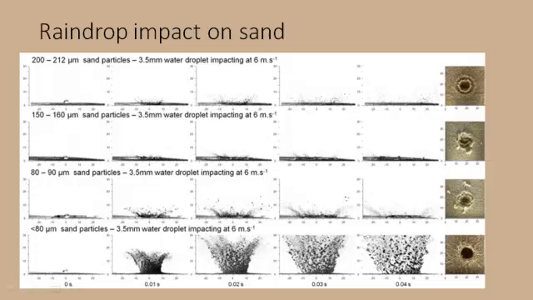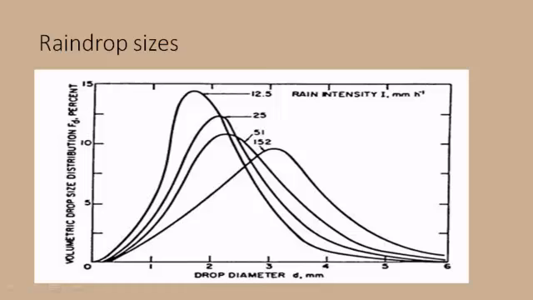Things also to remember, as the rainfall intensity increases from left to right, the raindrop size increases from less than 2 millimeters to 3, all the way up to 6 millimeters in size. Now, the effect of the raindrop on the sloping field is something we really have to worry about, because research shows us that that raindrop dislodges the soil particles, and more particles will move downslope than will move upslope or sideways.